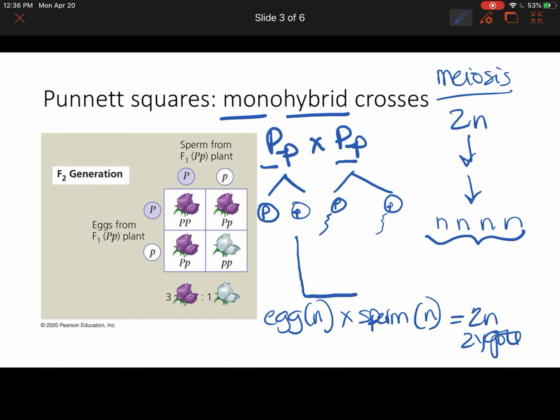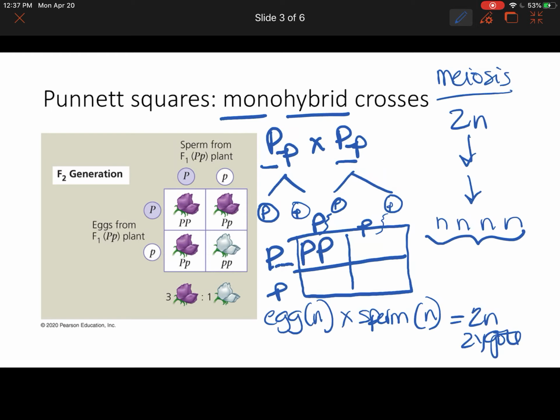And so when we set up our Punnett square, we have to put the gamete possibilities for one parent down the side and the other parent across the top. Okay? Well, when fertilization happens, an egg and a sperm have to come together.